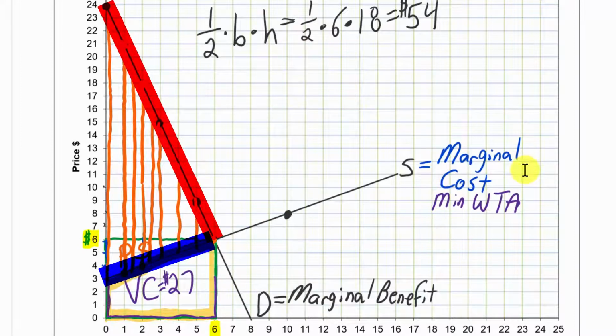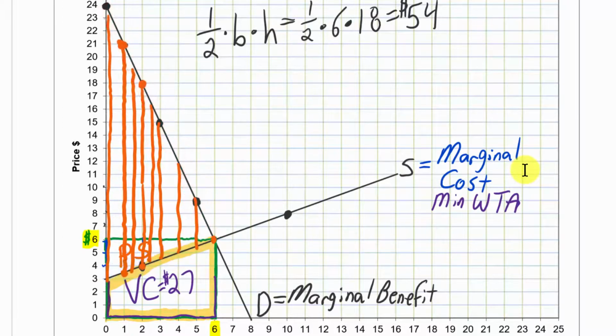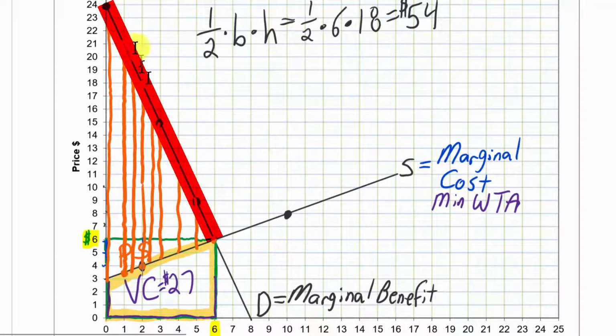So by adding up that entire area, we get this total surplus, which is a great thing because it's a way of measuring how much benefit everyone in society is getting from giving people things that have a high benefit. That's the demand curve, tells us the benefit, for a low additional cost. That's the marginal cost or supply curve here. Okay? This total surplus is the important thing that economists keep their eyes on.